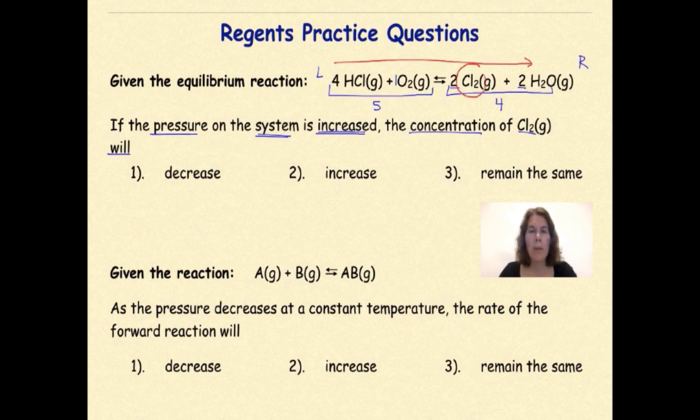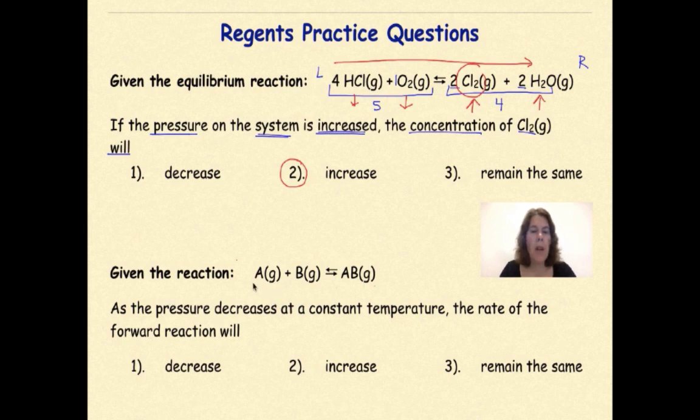By increasing the pressure on the system, we are going to the side with the least amount of moles. Cl2 is on the side with the least amount of moles. Therefore, this will ultimately increase along with H2O increasing, HCl decreasing, and O2 decreasing. Therefore, the concentration of Cl2 is going to increase. Let's look at another example.